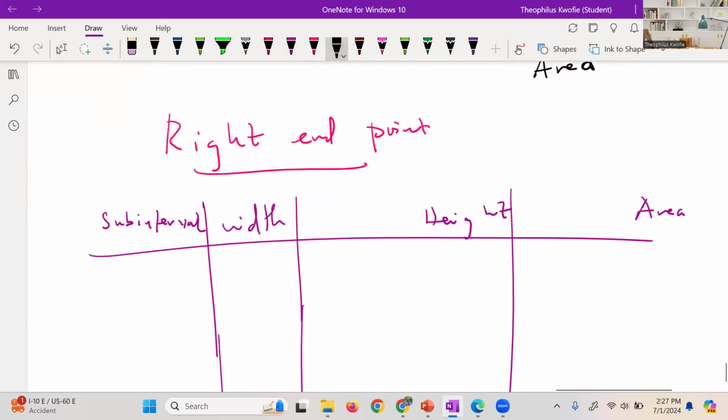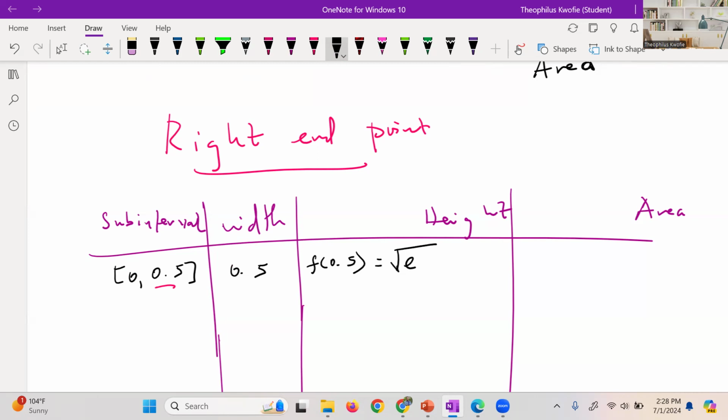Now, as usual, our first subinterval is from 0 to 0.5, and our width was 0.5. Since we are considering the right endpoint, we are going to pick 0.5 instead of 0. Remember, with the left endpoint we picked 0, but because now we are considering the right endpoint, we are considering 0.5. Is that okay? Then we plug it into the main function, into the integrand. Remember that the integrand was e to the power x, root of e to the power x plus 1.